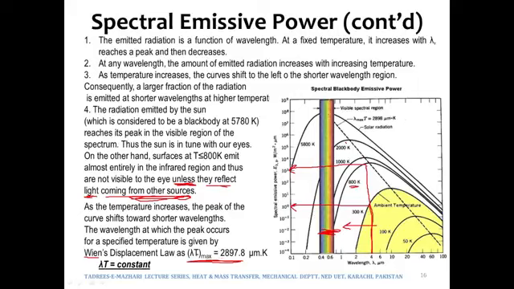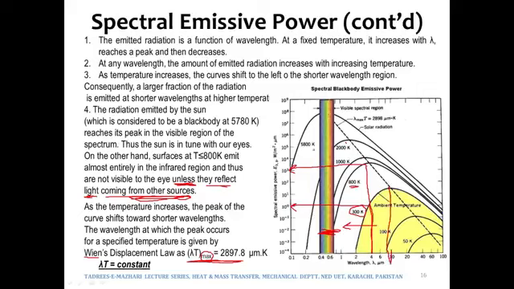It means that if the body is at lower temperature, its peak would occur at larger wavelengths. See over here, if the body is at 300 Kelvin, its peak occurs at larger wavelengths.